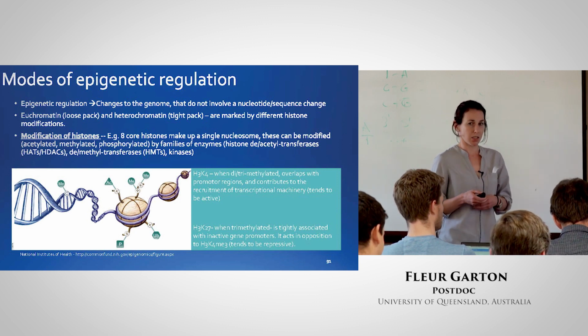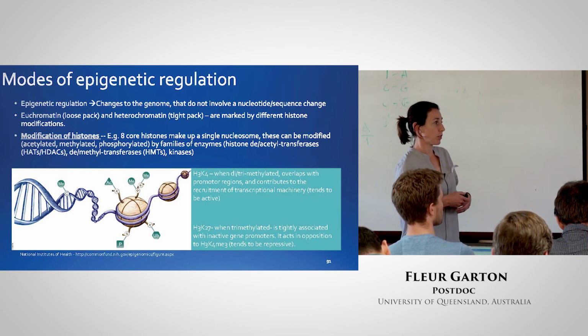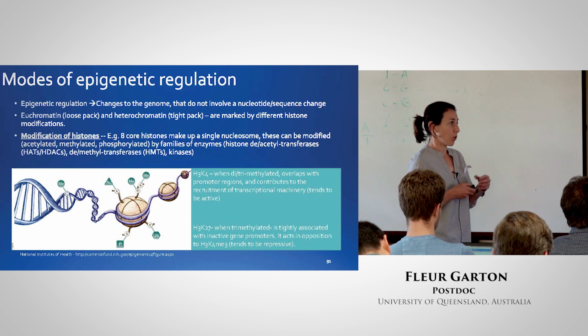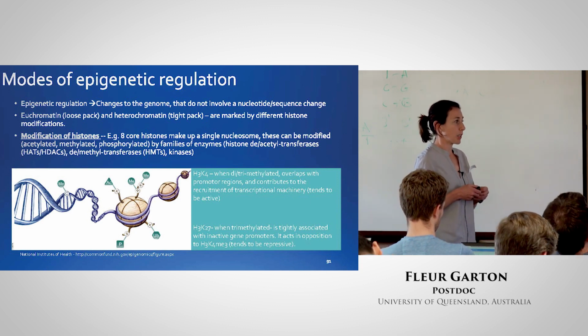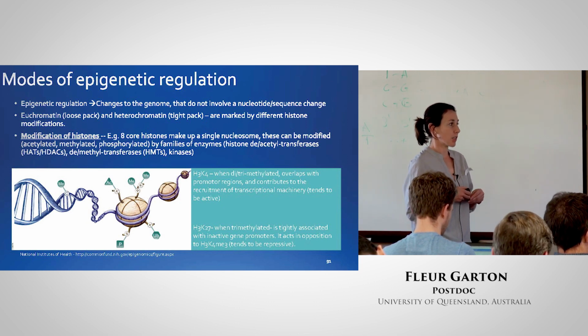An example of this is the mark called H3K4. When this is trimethylated and overlaps with promoter regions, it typically contributes to the recruitment of transcriptional machinery, and this tends to be active.